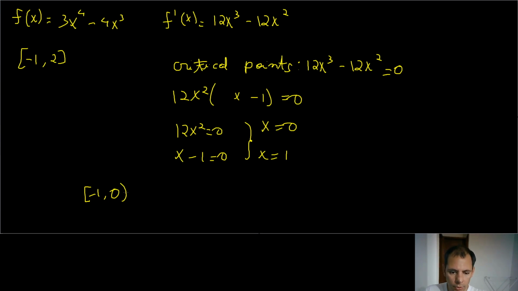So you have an interval here. Now the next interval is from 0 all the way to 1, and the next interval is from 1 all the way to 2. So what I'm doing is breaking this interval right here into 3.